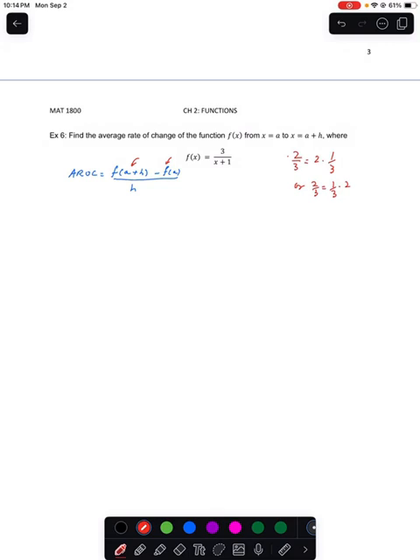If you understand this, then it becomes a little bit simpler. So I can write my AROC as 1 over h in the brackets f of a plus h minus f of a. That way we won't get the complex fraction.